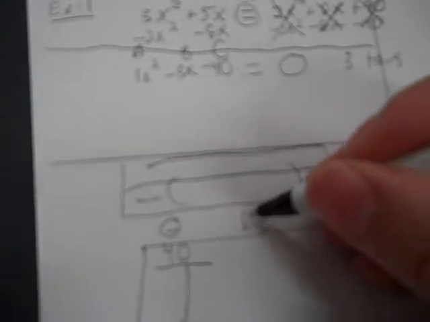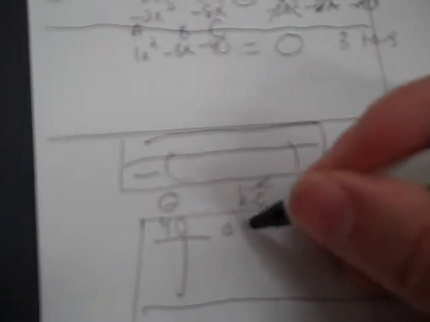Again, A times C, 1 times negative 40, so I'm looking for a difference that is going to equal 3.